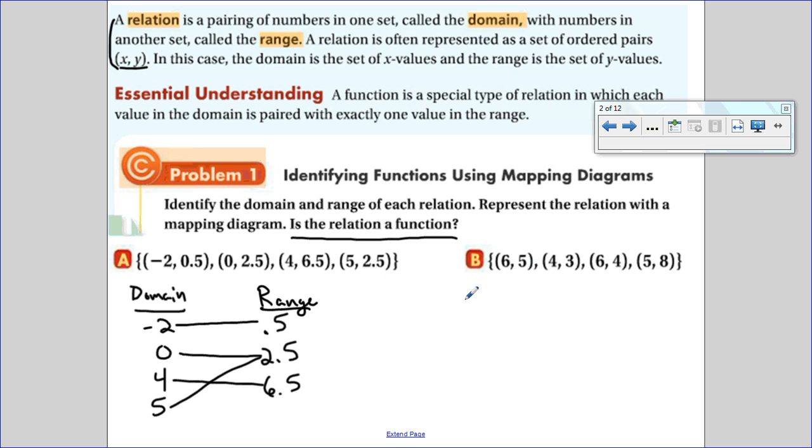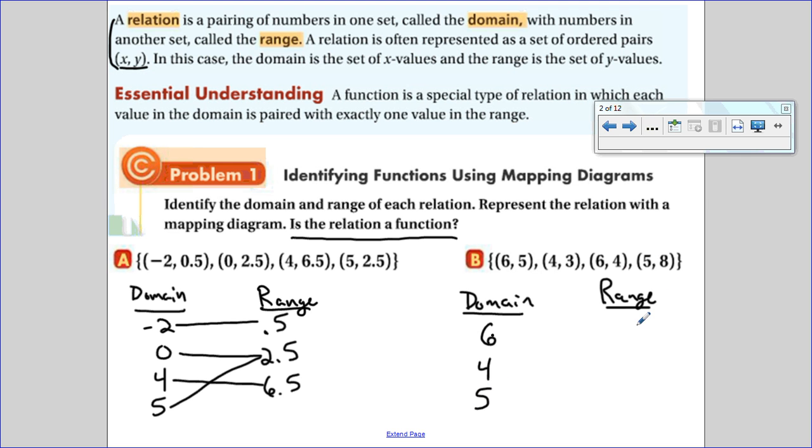So now let's do this one. We have our domain, we have our range. The domain is 6, 4, 6, 5. Oh, sorry, I'm going to write that again: 6, 4, 6 is already there, and 5.